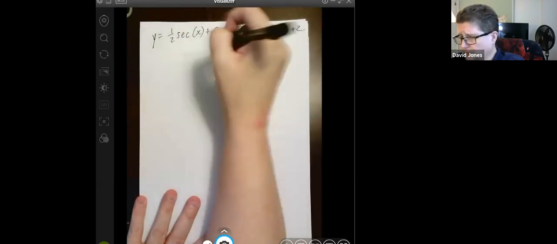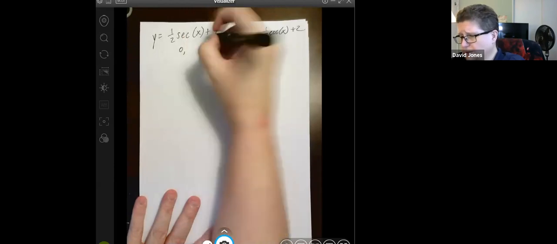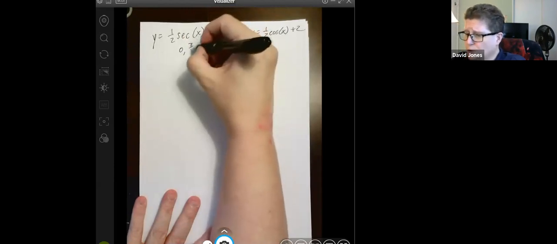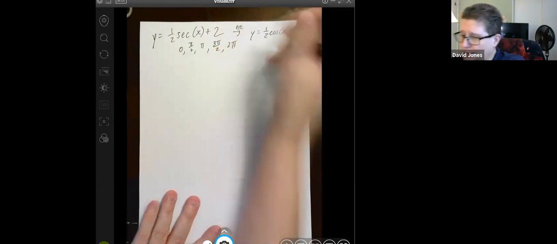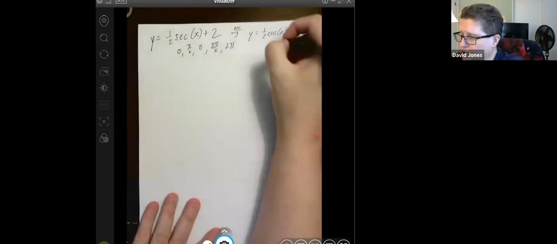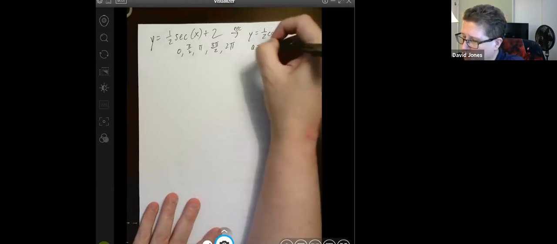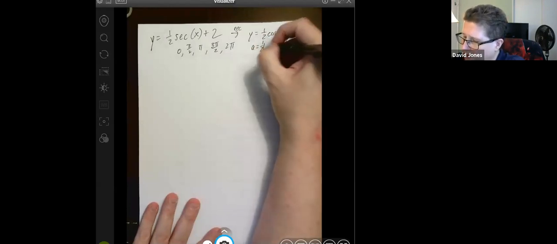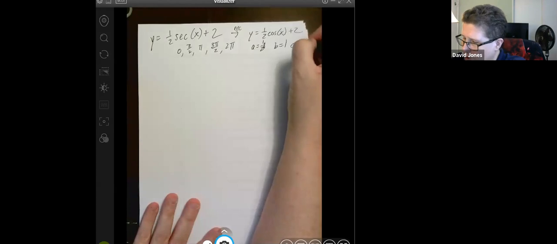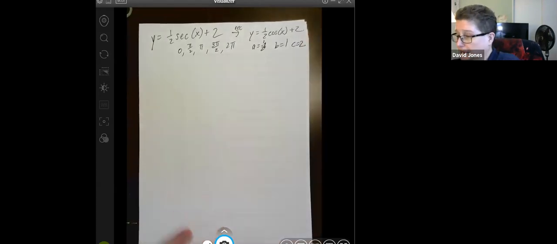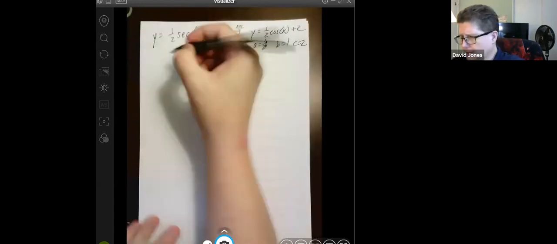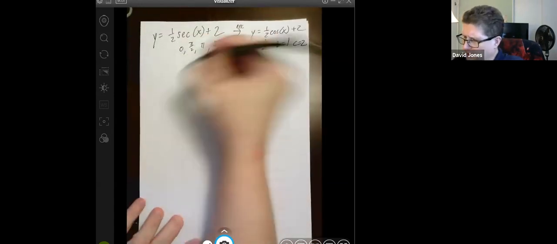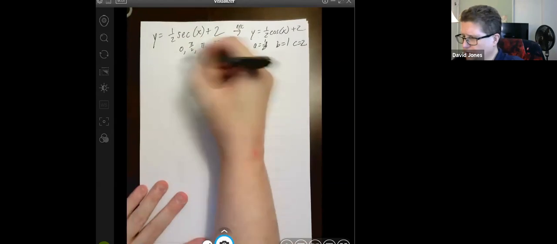So we got 0, pi over 2, pi, 3 pi over 2, 2 pi. B is not changed. B is equals 1, so there's no change. A is 1/2. And C equals 2. There's no D. So what do we do? Let's plot that.